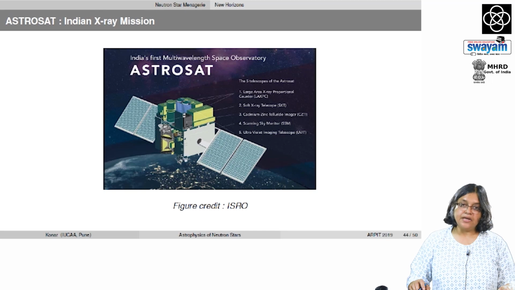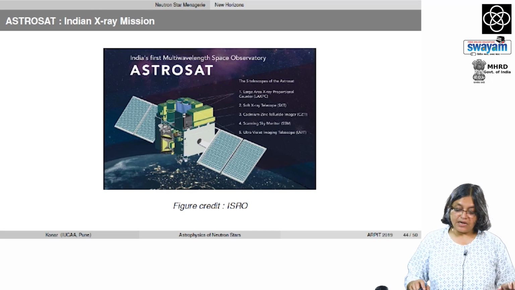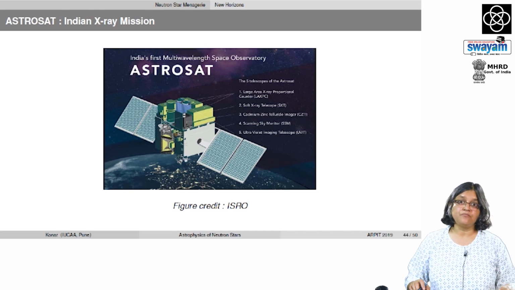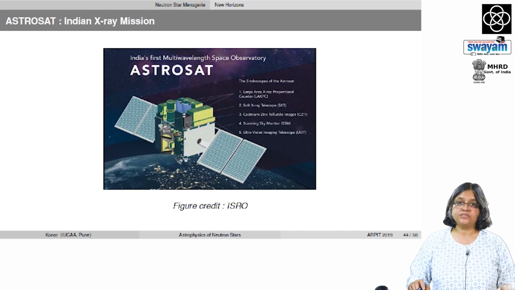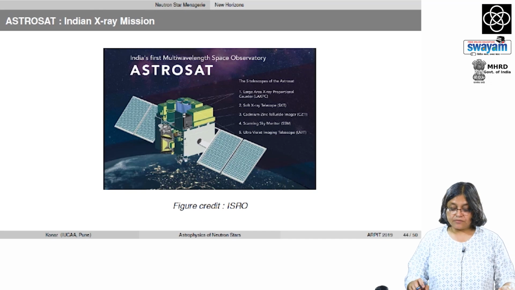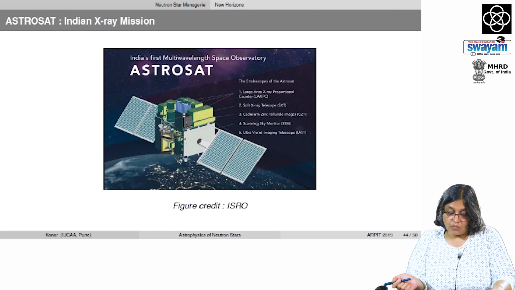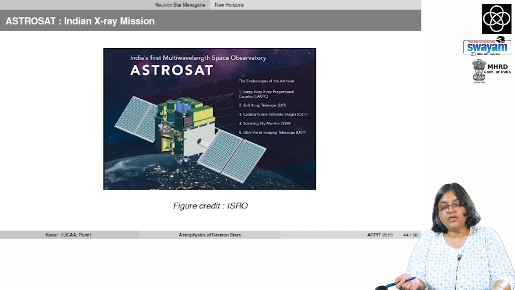So, this is India's first multi wavelength space observatory ASTROSAT, which is dedicated to observations in astronomy, and it has various detectors on board: the large area X-ray proportional counter, the soft X-ray telescope, and various other instruments which will observe objects in the sky in the high energy regime.